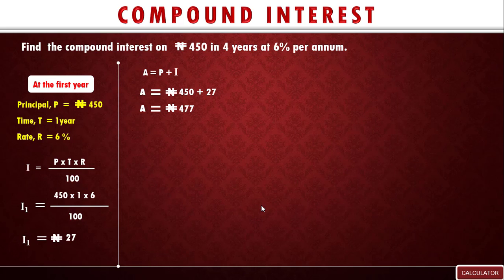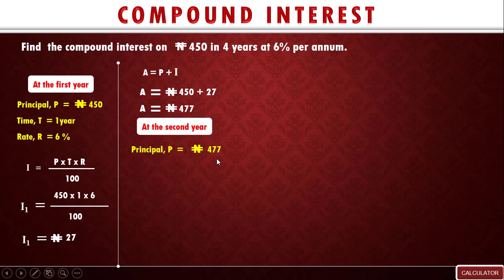So the next thing to do now is take this amount that we got last, which is 477. We now invest that amount into the second year. As we invest it into the second year, that means 477 will now be our new principal. So at the second year, this value that we got here will now be our principal.